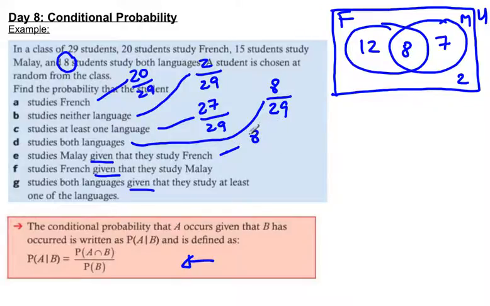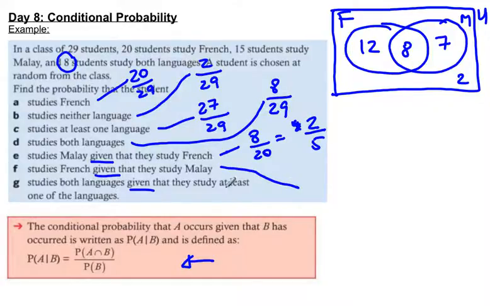So it would be 8. It's no longer out of 29 because remember these people are out of the equation because you're given the information that they study French. So it's 8 out of 20, which simplifies to 2 out of 5.